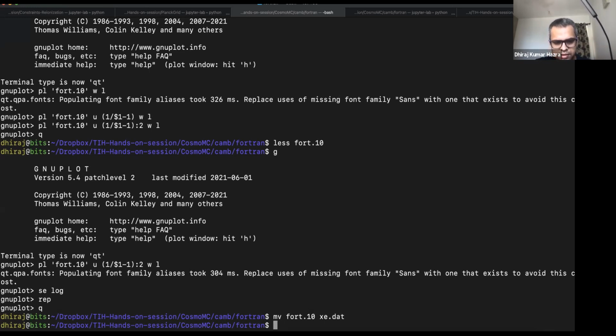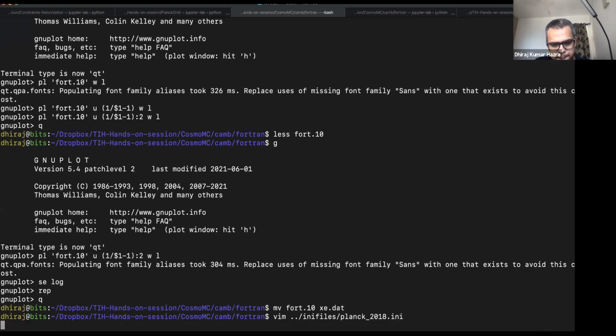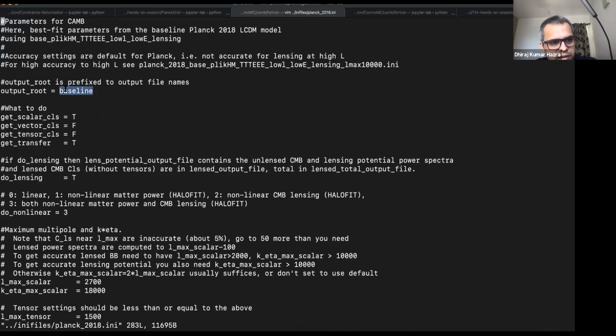Let's just see what is there in the file plan 2018.ini. You go to ini files, plan 2018.ini. Just open this file and you will be able to see output root. You just say baseline.